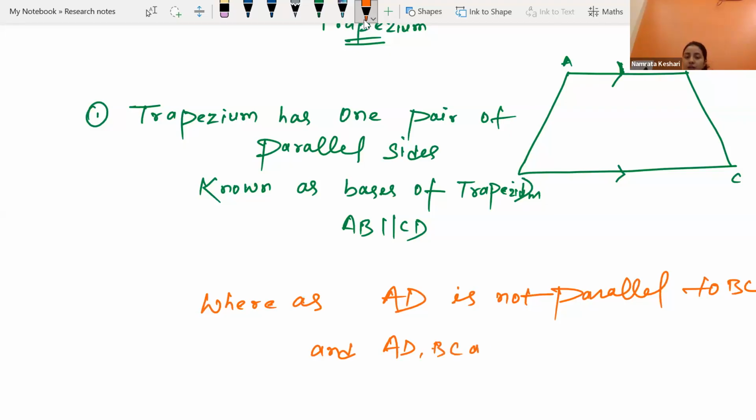AD and BC, these two sides are known as the legs of the trapezium.